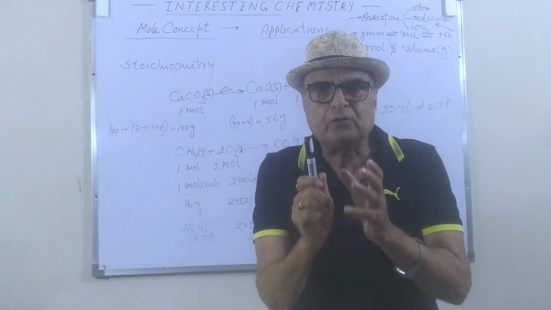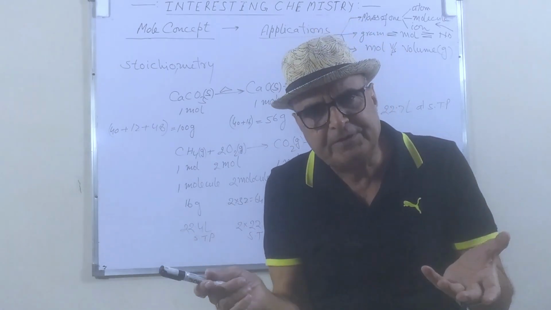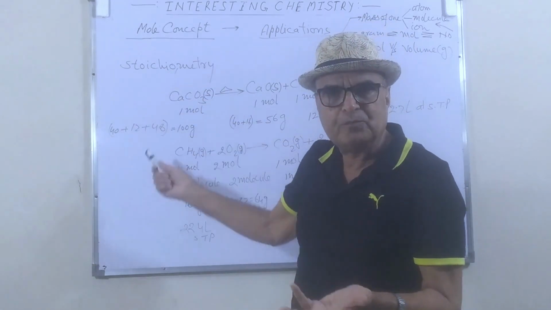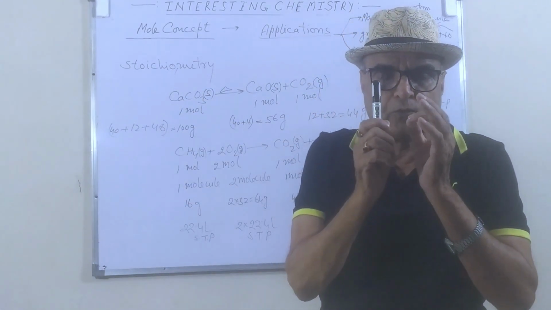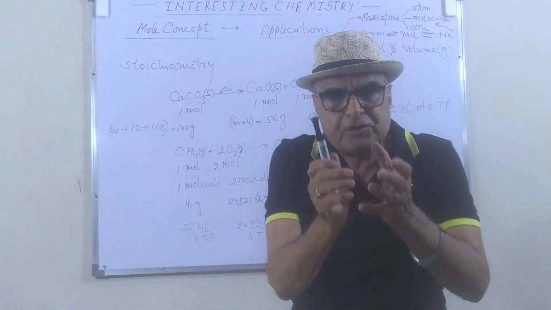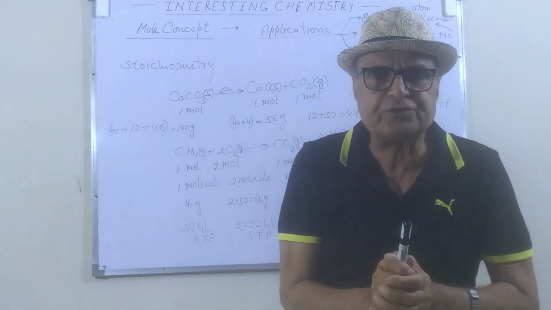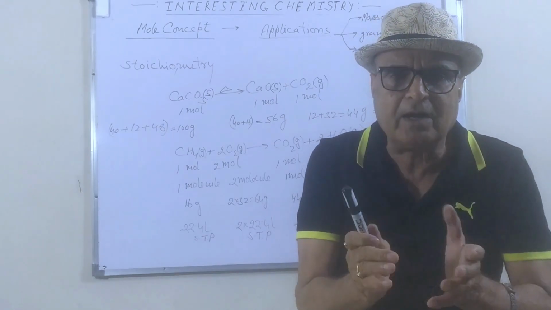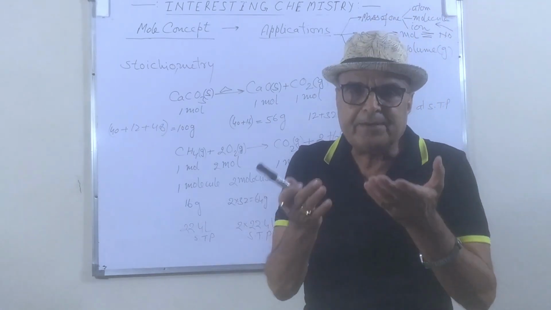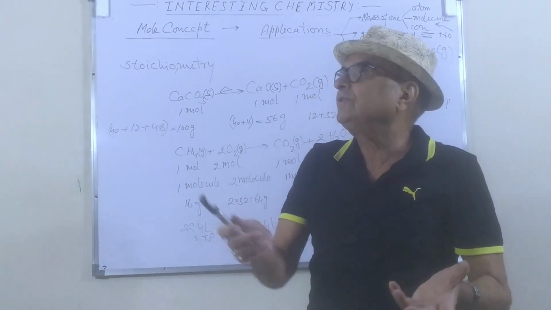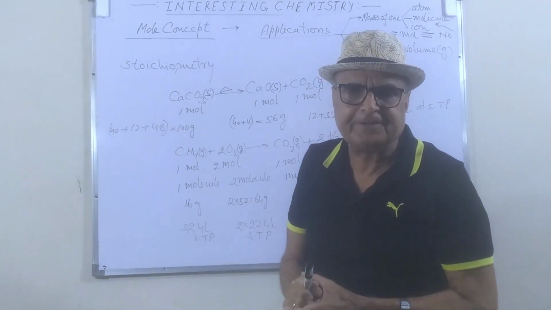The measurement of elements in a chemical reaction is called stoichiometry. More precisely, the measurement of the amount of compounds taking part in a chemical reaction is called stoichiometry.